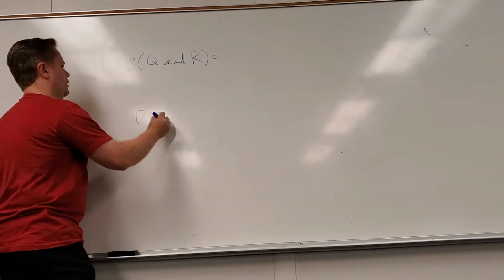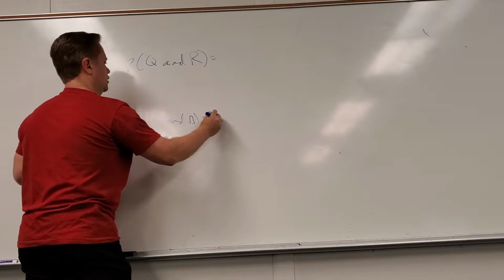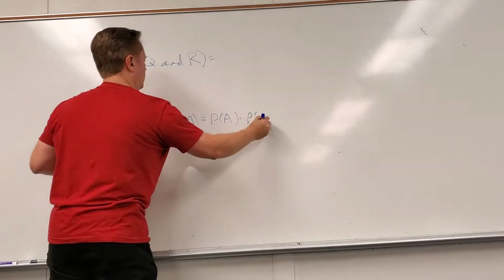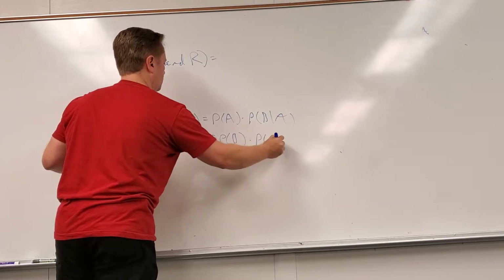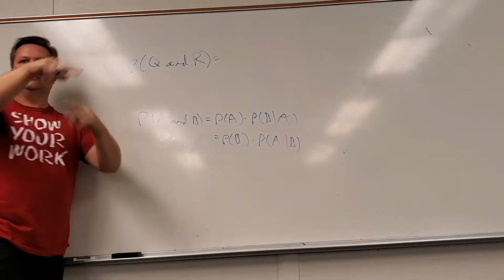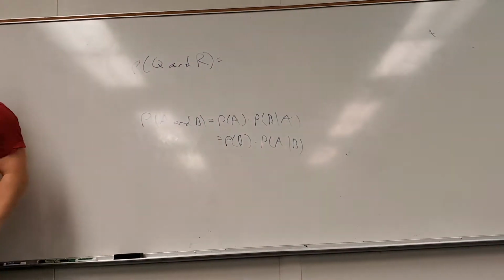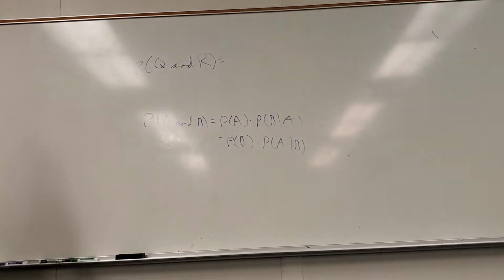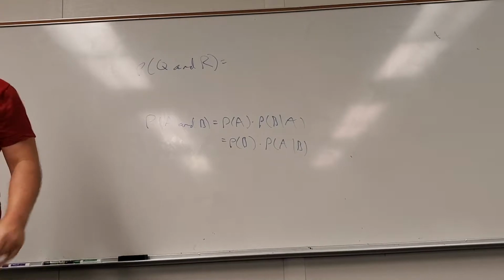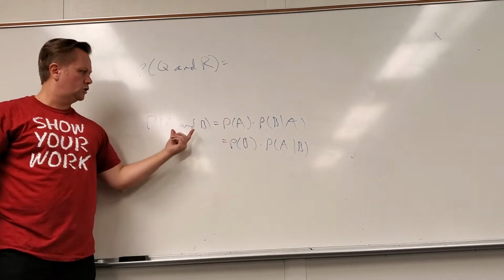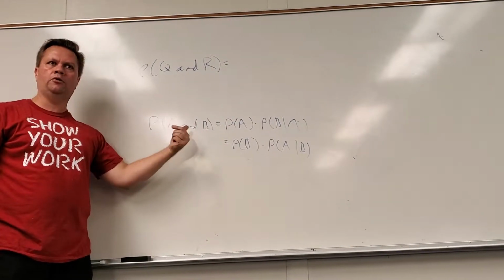So remember, the probability of A and B is the probability of A times the probability of B given A, or the probability of B times the probability of A given B. So you can do it either way. It's sort of like if I said, you and you come with me, and you're like, him first? I don't care who comes first, right? So that's why there are two different ways to do this, because it doesn't matter what order they're really in.